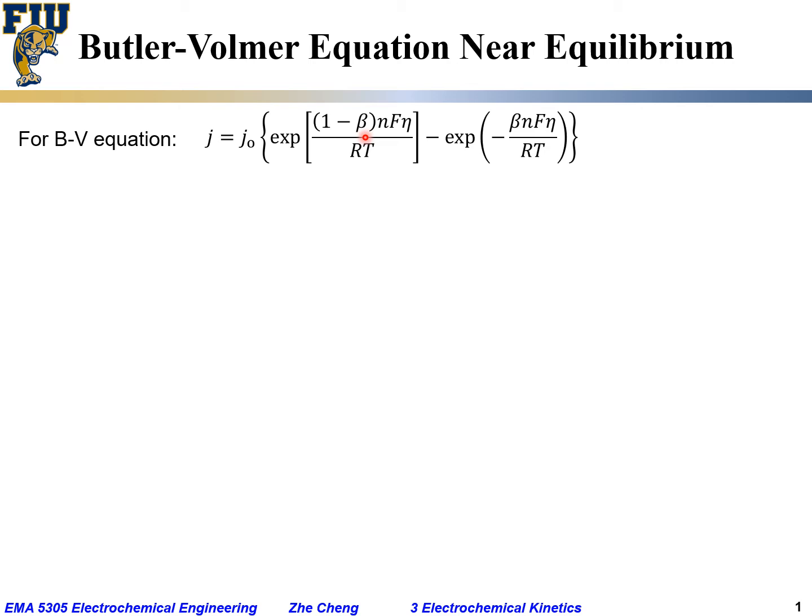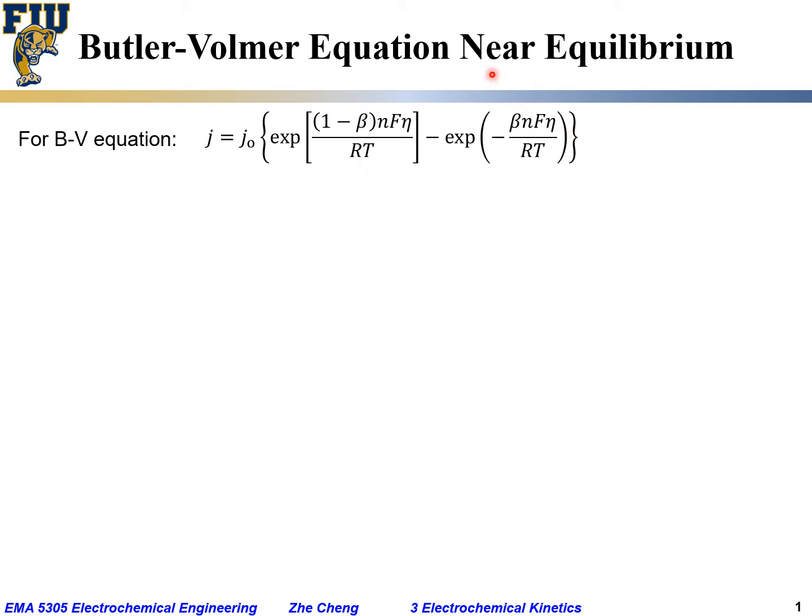It tells the shape of the polarization curve from anodic versus cathodic. N would be the number of electrons transferred through the half cell or redox reaction, F the Faraday constant, R the gas constant, T the absolute temperature. So this is the Butler-Volmer equation.